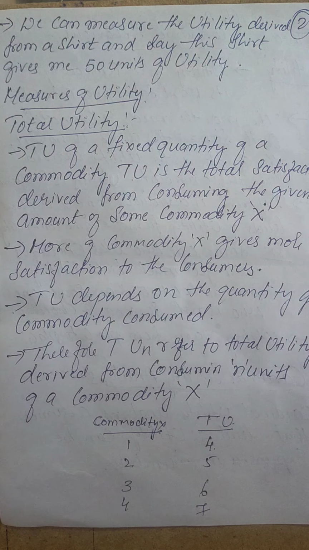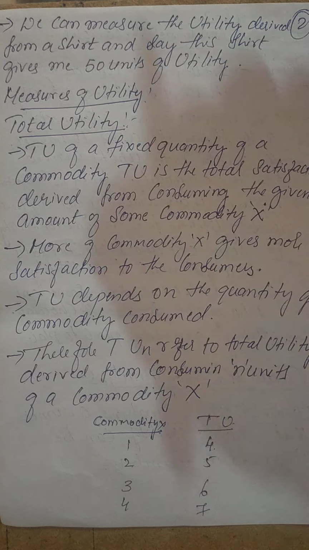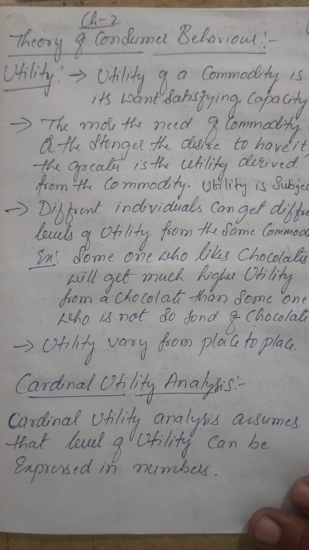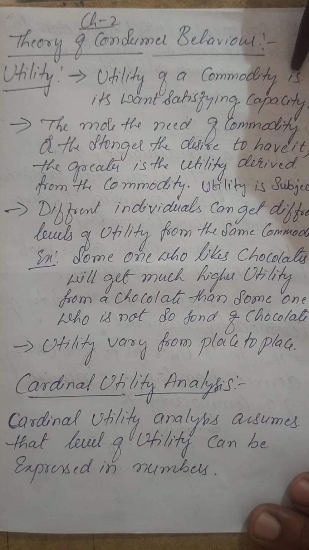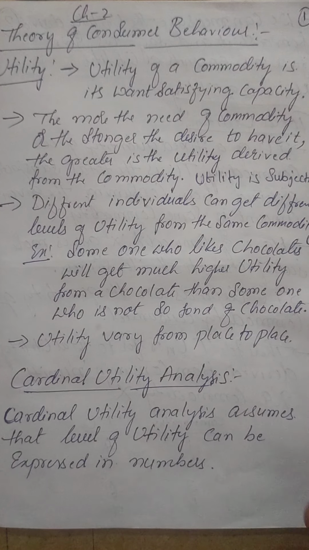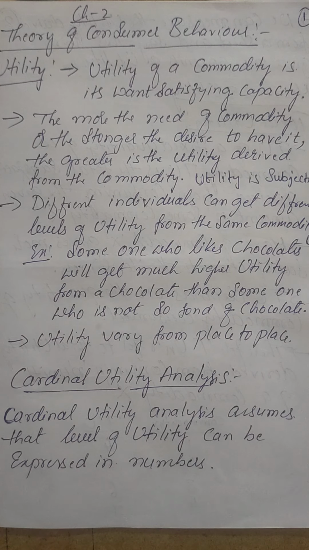As we all know, utility has a satisfying power. In the starting class we discussed that the utility of a commodity is its want-satisfying capacity. You take any product or commodity, it has its own satisfying power. You take banana, it has its own satisfying power.